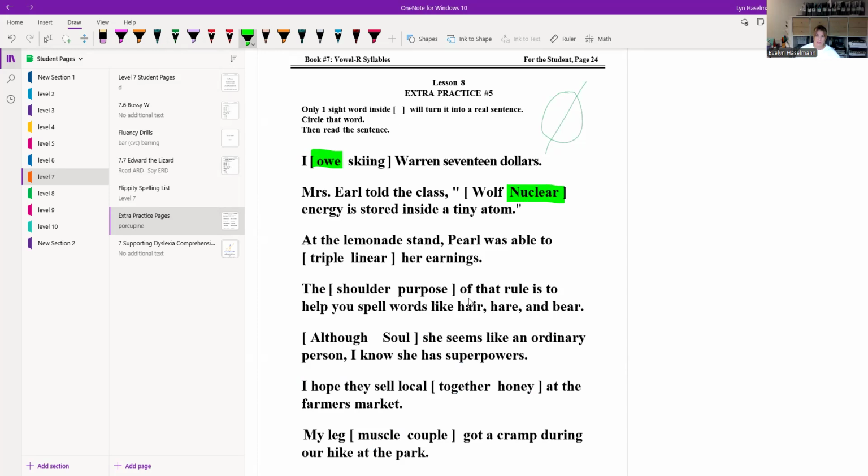Nuclear energy is stored inside a tiny atom. The lemonade stand, Pearl was able to triple her earnings. The purpose of that rule is to help you spell words like hare, and bear. Although she seems like an ordinary person, I know she has superpowers. I hope they sell local honey at the farmer's market. And my leg muscle got a cramp during a hike at our park.